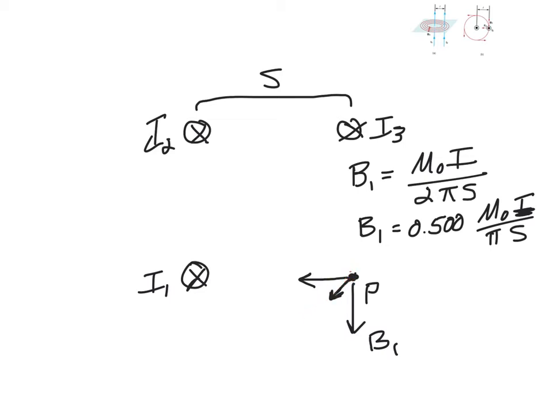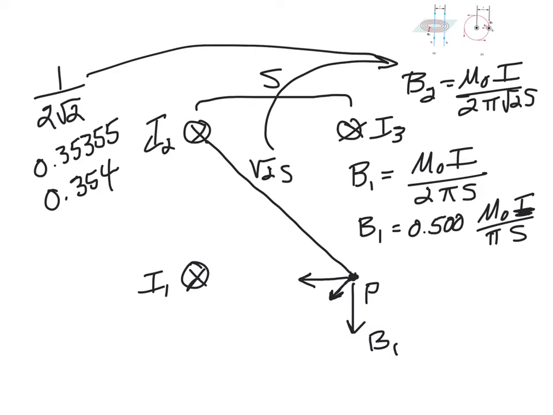And B2 is going to be at this angle, 45 degrees below the negative x-axis, but this distance is what? So we see this so often, I hope you know it by now, if this is S and this is S, this is the square root of 2 S, right? If this is 1 and this is 1, this is the square root of 2.